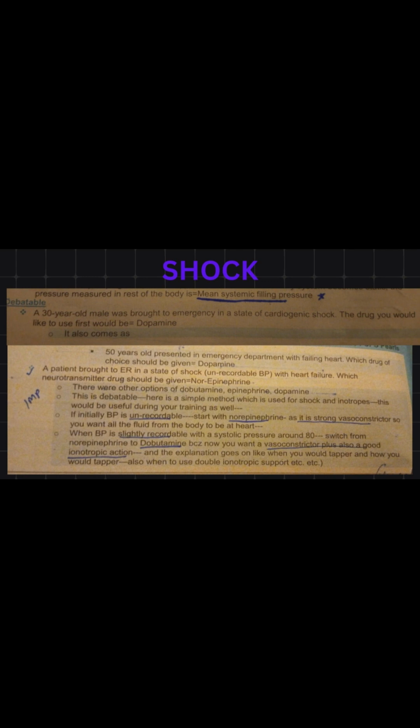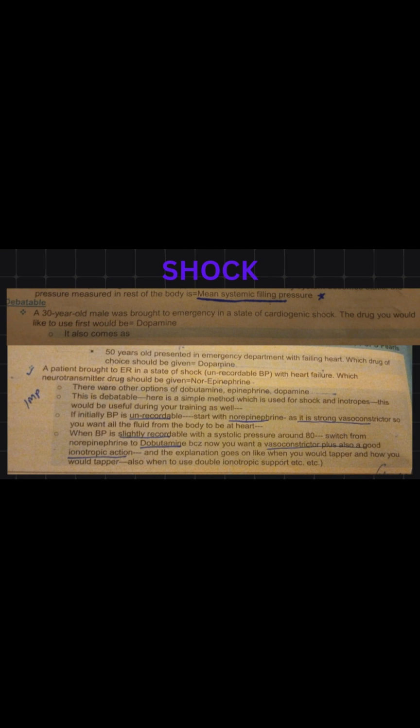This is debatable. Here a simple method is used for shock and inotropes. This would be useful during your training as well. If initially BP is unrecordable, you are going to start with norepinephrine as it is a strong vasoconstrictor. So you want all the fluid from the body to be at the heart.